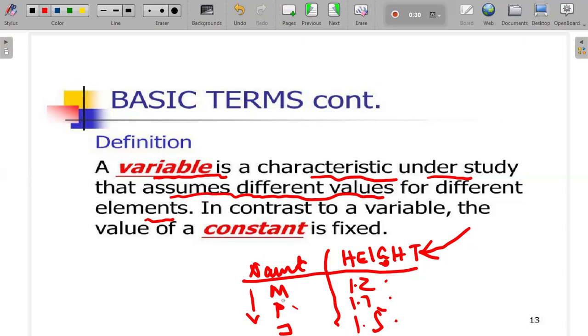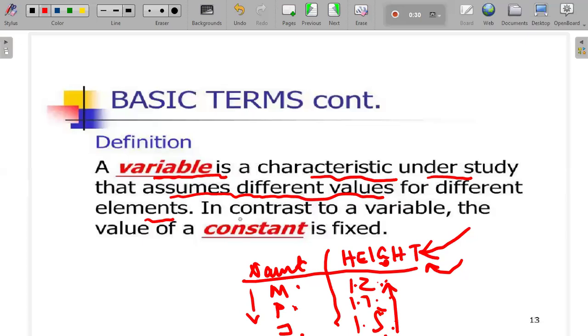Different elements here will assume different values for a specific variable. So this height here is a variable and it has different values for different elements.